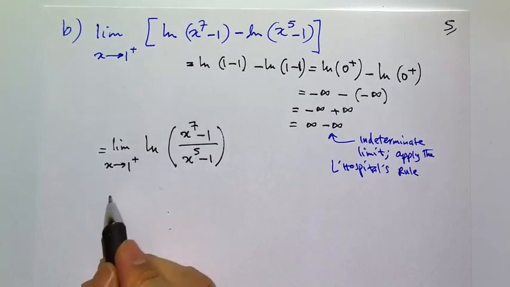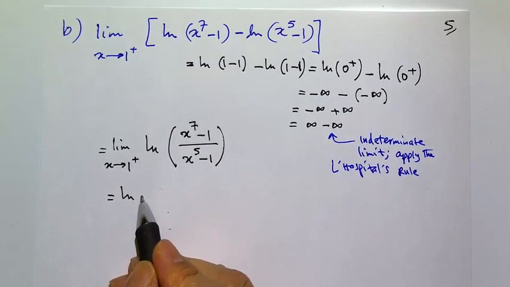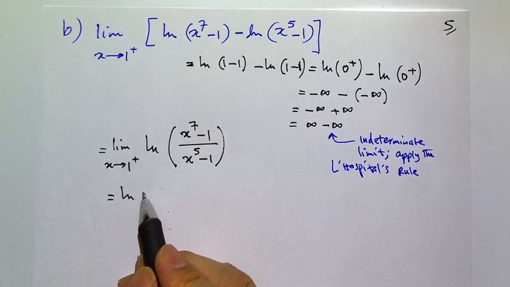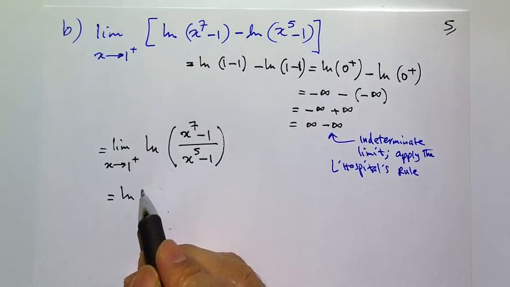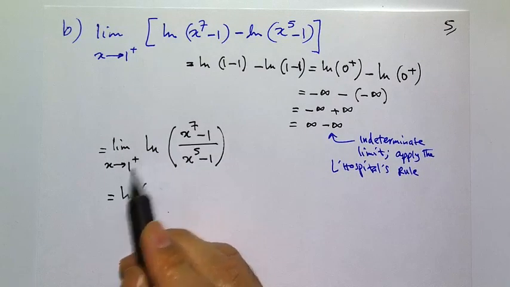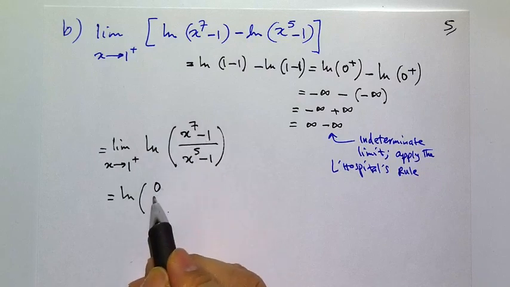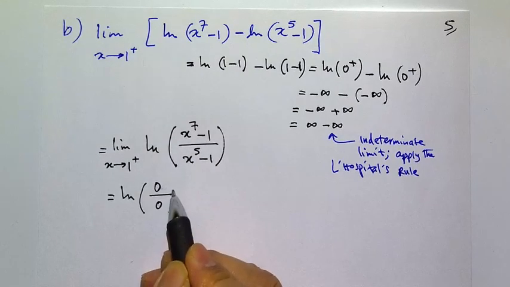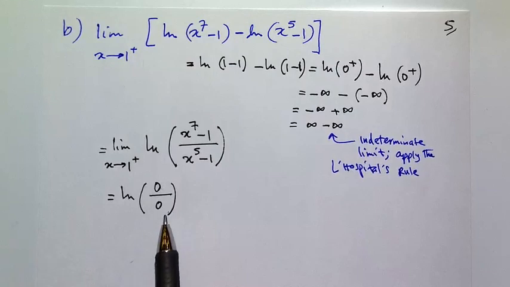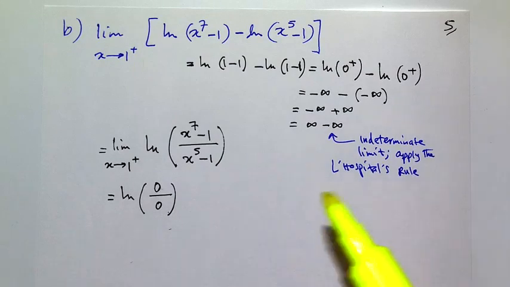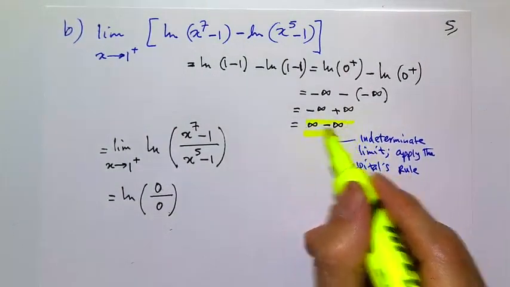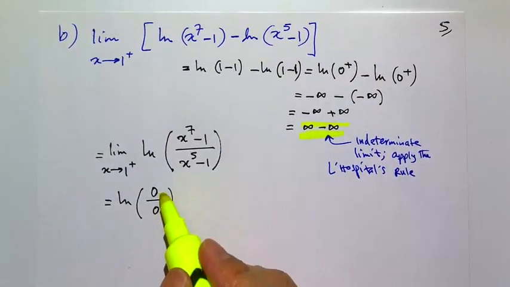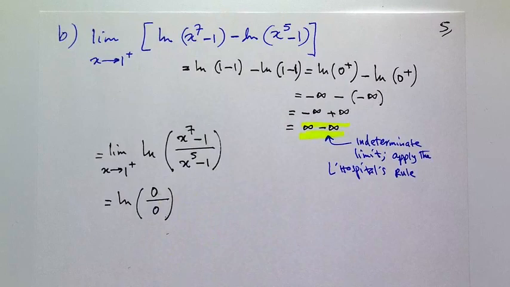So we're going to get natural log of, if we apply the limit, what are we going to get? We're going to get 0 over 0, right? So notice again we got an indeterminate form, but this is a different form. The first time it was like that, right? Now we have it like that.